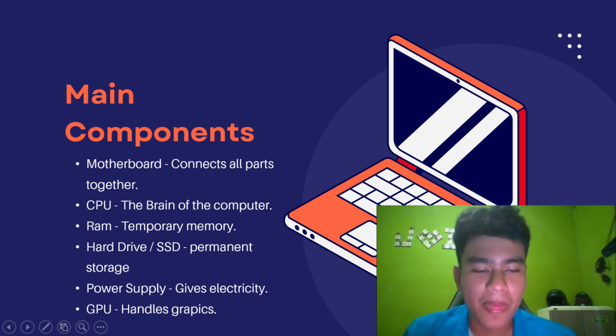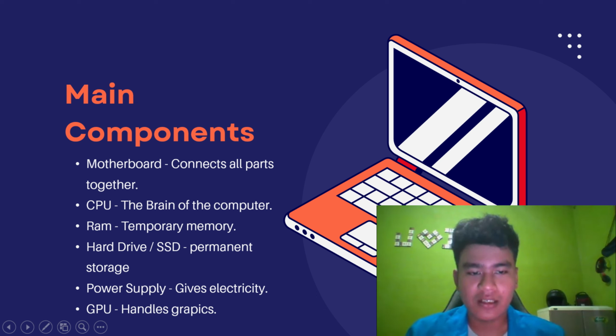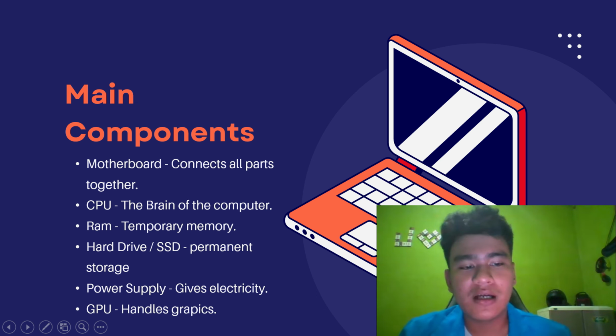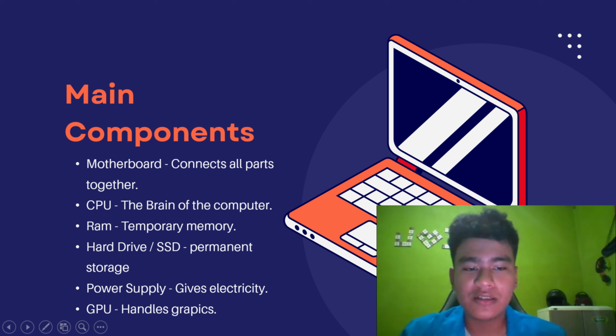And slide 6. Let's talk about the main components inside the computer. The first one is the motherboard. It's like the main road that connects all other parts together. The CPU, or central processing unit, is known as the brain of the computer, and it processes all the instructions.